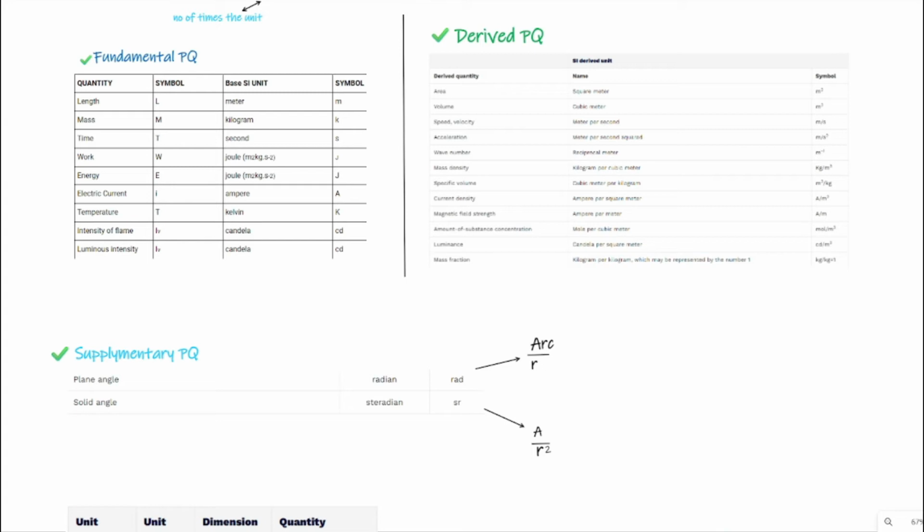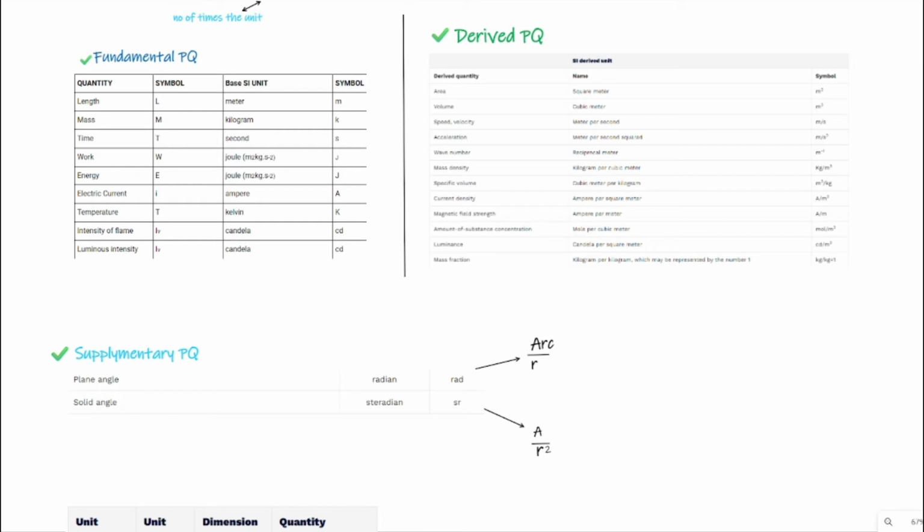Derived physical quantities are formed depending upon fundamental physical quantities, such as area, whose SI unit is meter square, volume, meter cube, speed and velocity, meter per second. In this way, if you know all the formulas and all the SI units of the derived physical quantities, you can easily find out the dimensions.